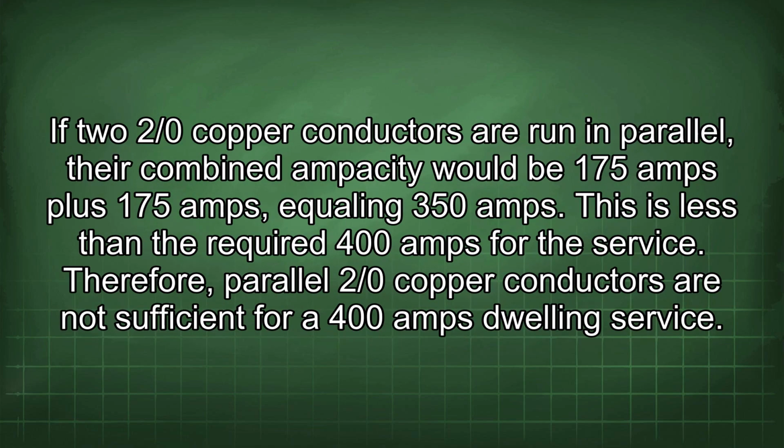If two 2/0 copper conductors are run in parallel, their combined ampacity would be 175 amps plus 175 amps, equaling 350 amps. This is less than the required 400 amps for the service. Therefore, parallel 2/0 copper conductors are not sufficient for a 400 amp dwelling service.